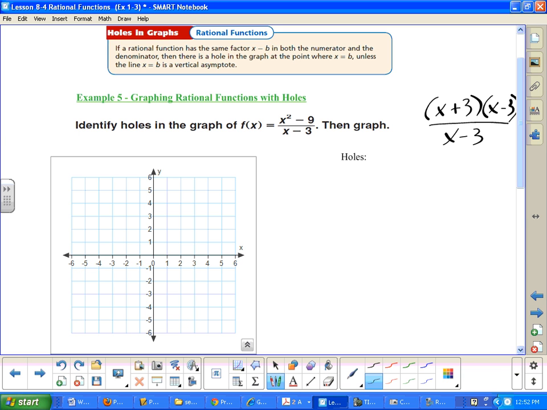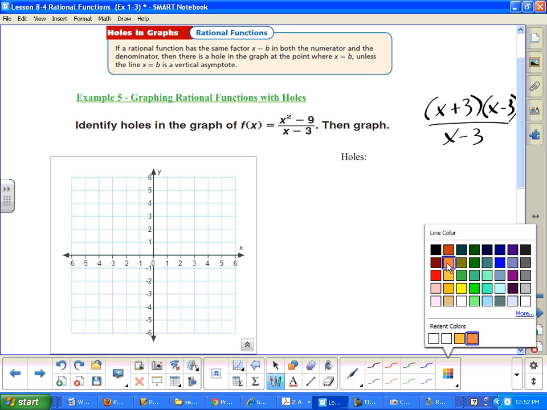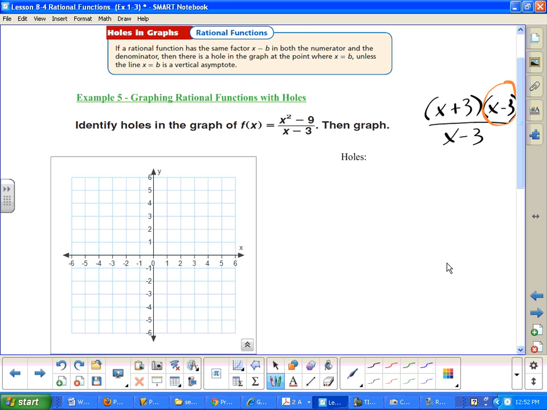So in this case, I have a common factor of x minus 3 in the numerator and the denominator. So according to what we've talked about before, this means I have a 0 at positive 3 because it's 0 in the numerator, but it also means I have a vertical asymptote, and you can't have both of them. So what's going to happen here is we have a hole at positive 3.